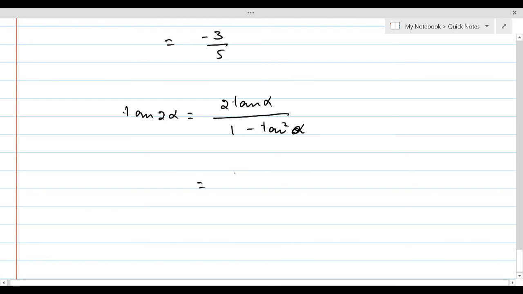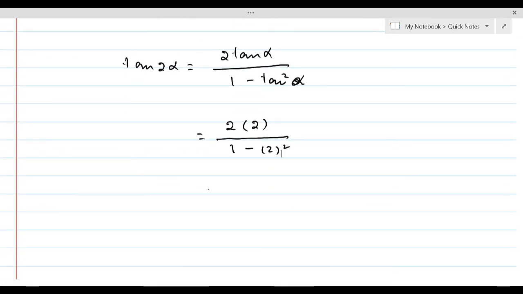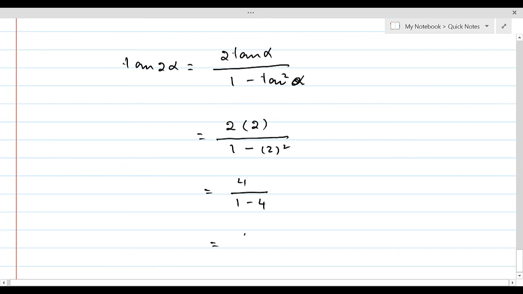Therefore, 2 times 2 divided by 1 minus 2 square is equal to 4 over 1 minus 4, which is negative 4 over 3. So this is the value for tan 2 alpha.